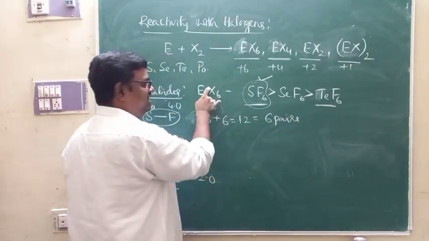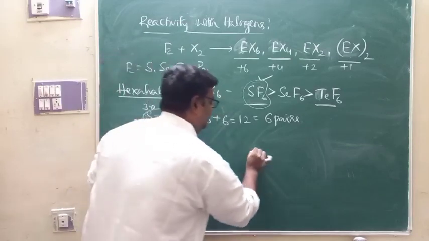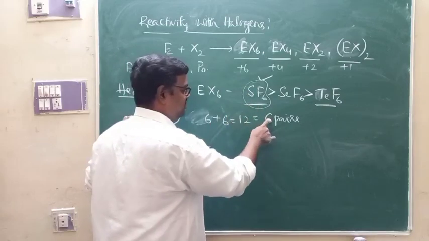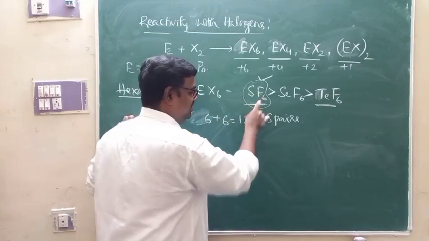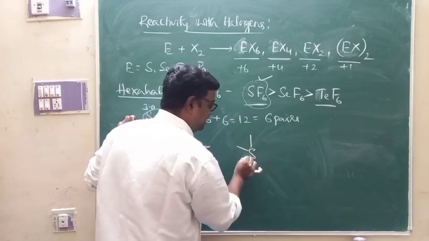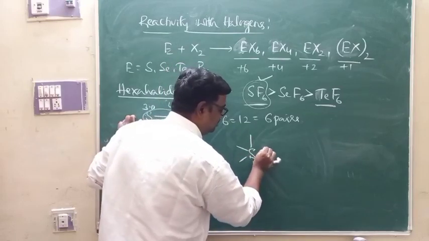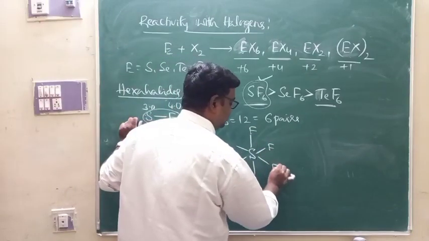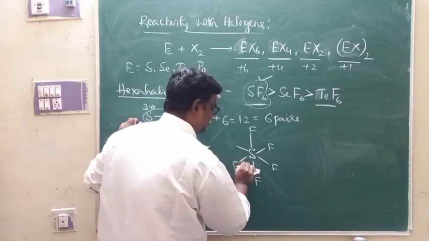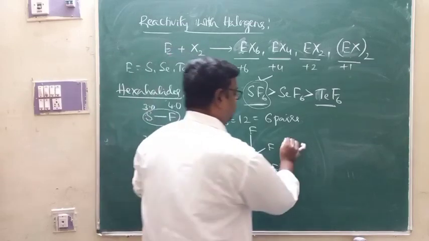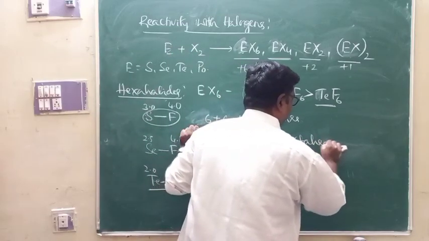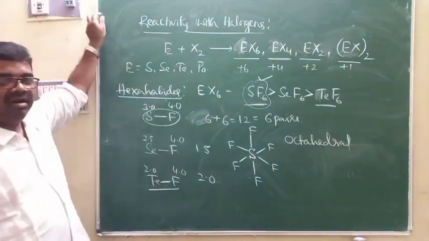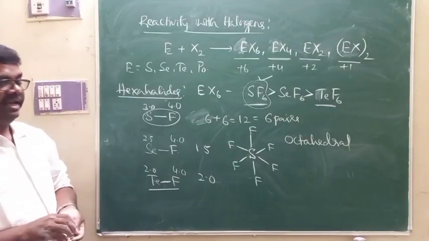Taking sulfur as an example, with SF6 sulfur is attached to 6 fluorine atoms through covalent bonds, so all 6 pairs are bond pairs. Therefore it will have octahedral geometry. That is, hexahalides have octahedral geometry.